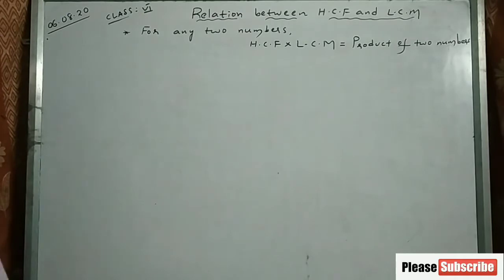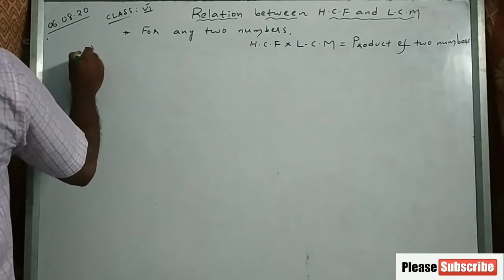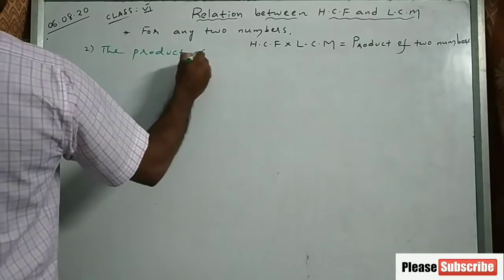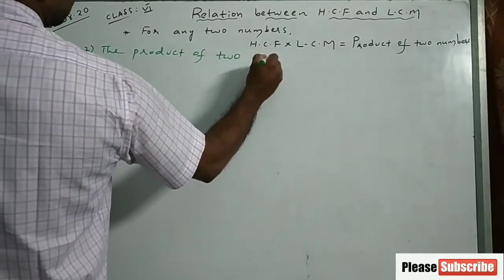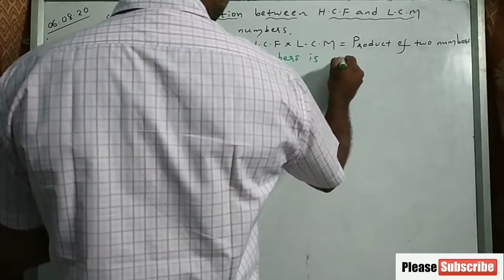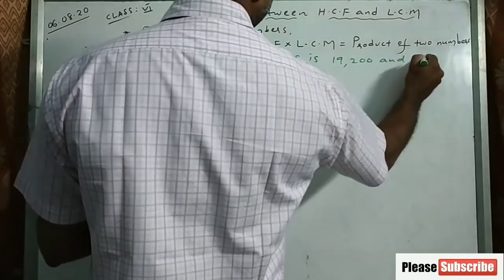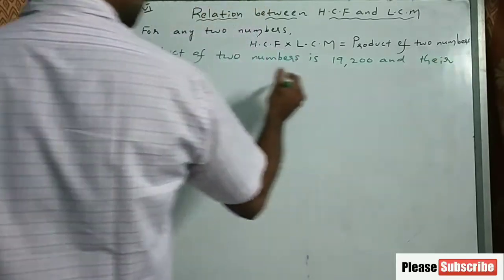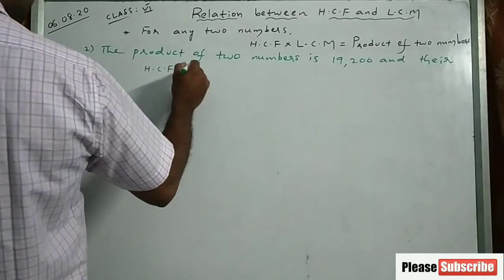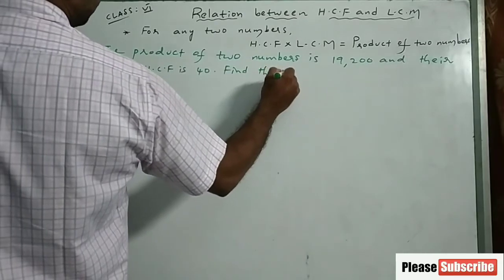Look at the question. Second question. The product of two numbers is 19,200 and their HCF is 40. Find their LCM.